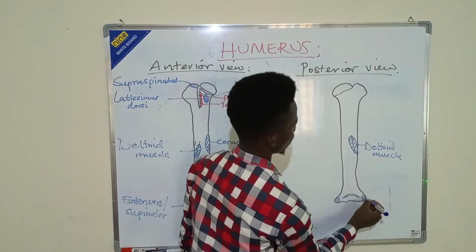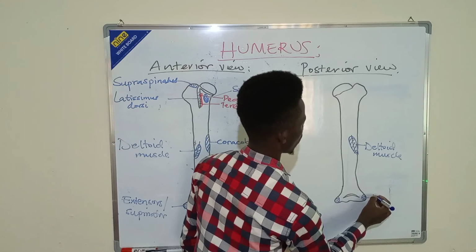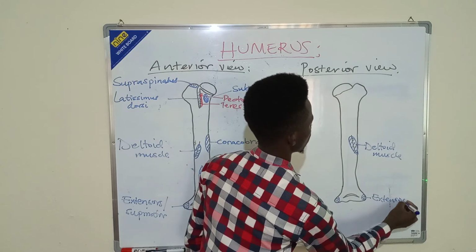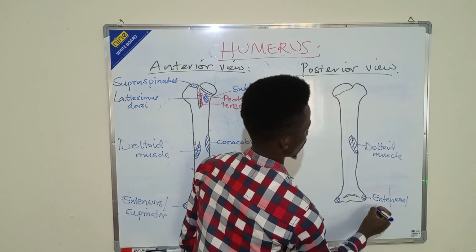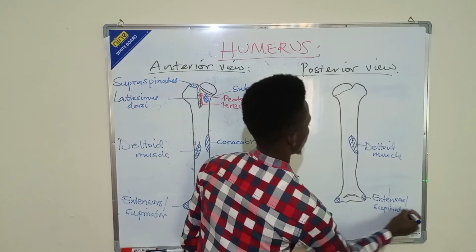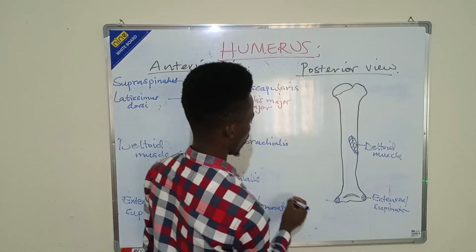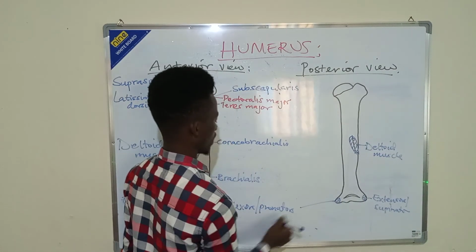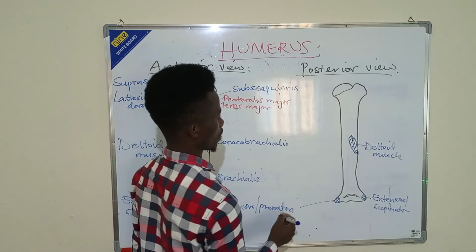So laterally we have extensors and supinator, and then medially we have flexors and pronators.